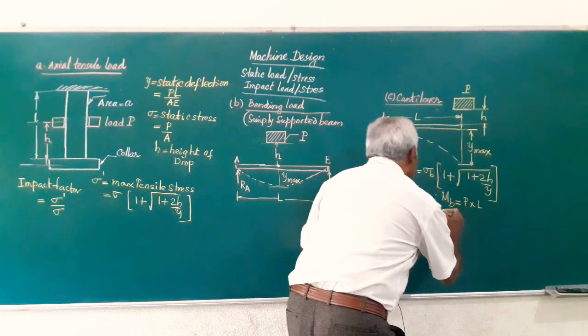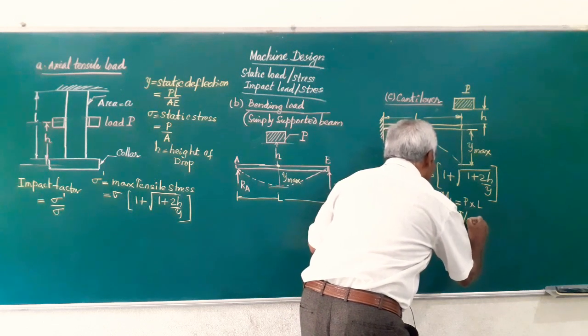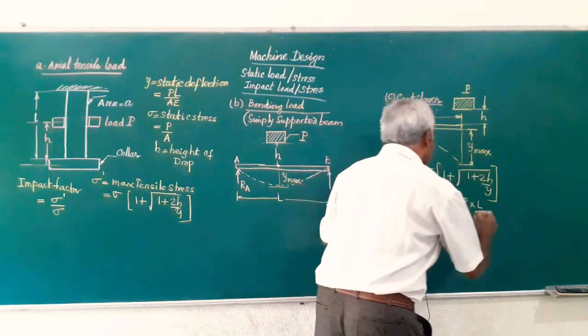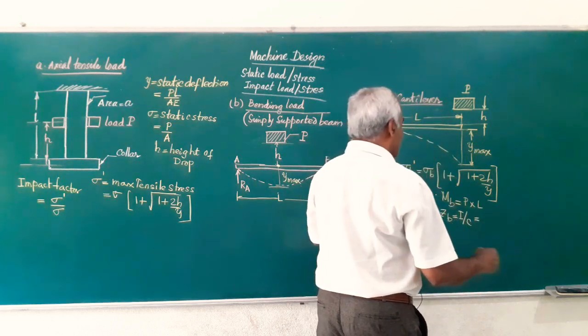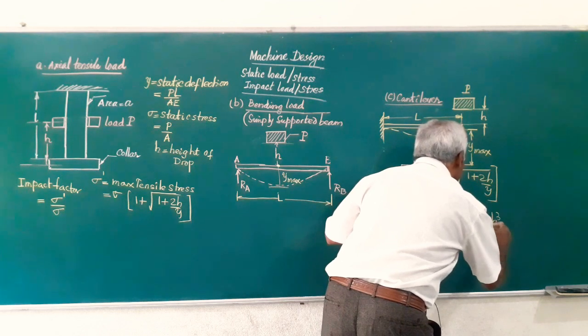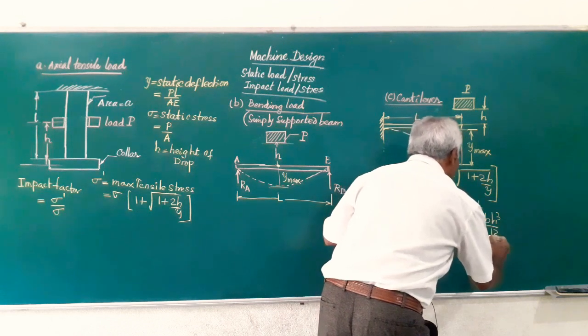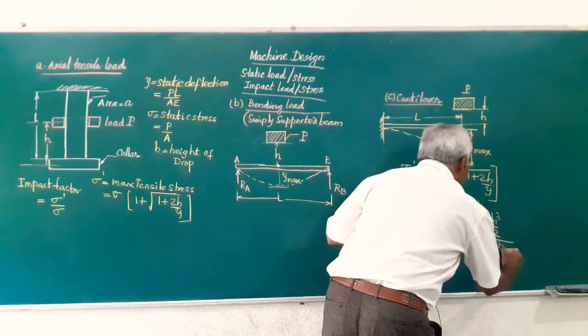And friends, Zb, the section modulus, is I by C, where I is the moment of inertia. Suppose it is a rectangular section, say it is b h cube by 12, where b is the width and h is the depth, divided by C, which is h by 2.